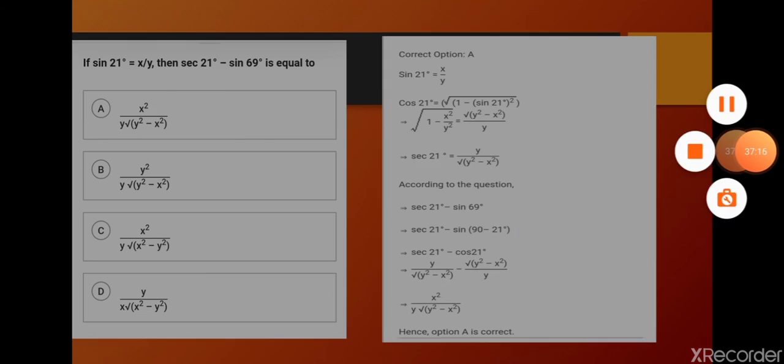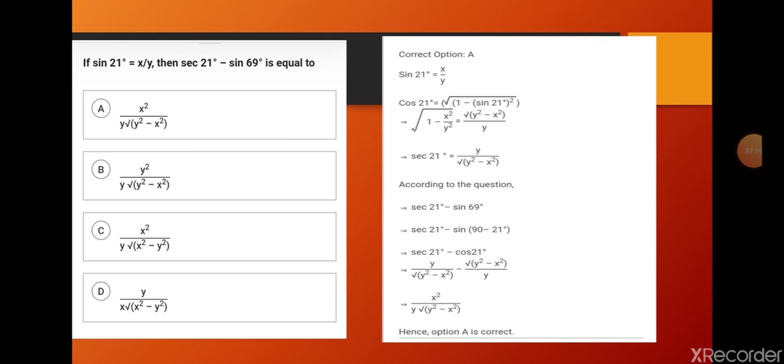Option B, y square divided by y root of (y square minus x square). Option C, x square divided by y into root of (x square minus y square). Option D, y divided by x into root of (x square minus y square). The correct option is A.